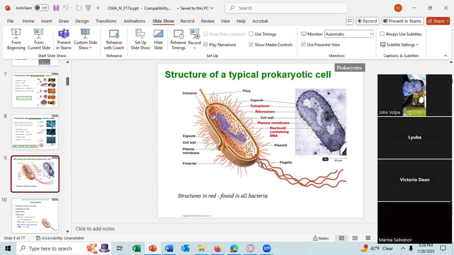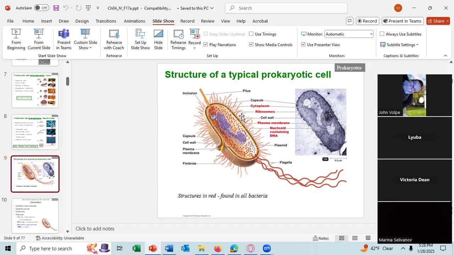You can have flagella for some cells. In bacteria, if the cell can move or swim, it has at least one flagellum. Fimbriae are the hair-like structures coming out of the cell. Cells may have fimbriae.